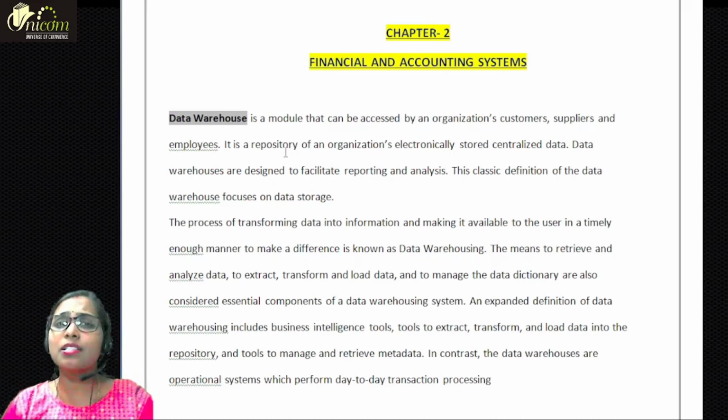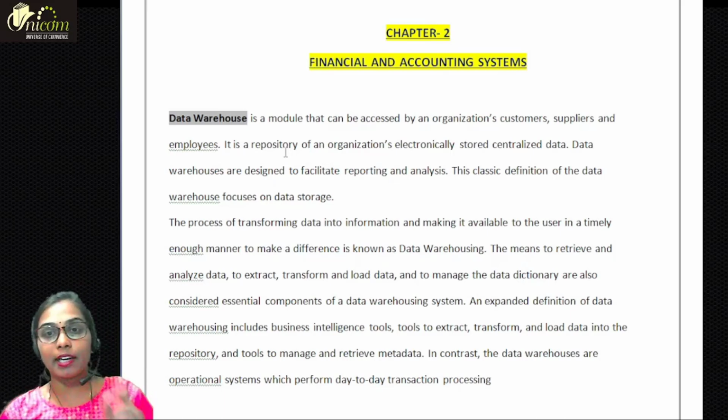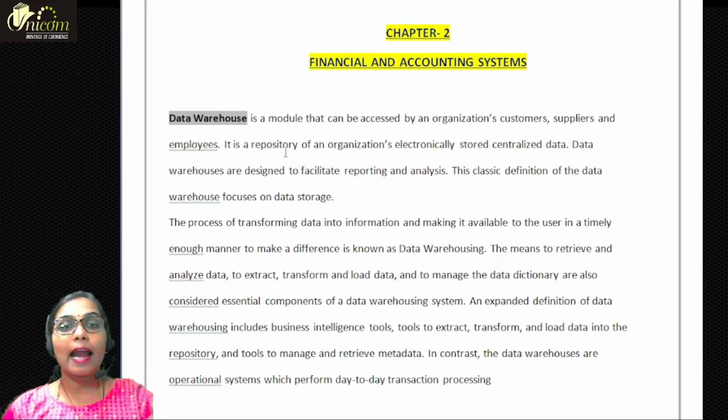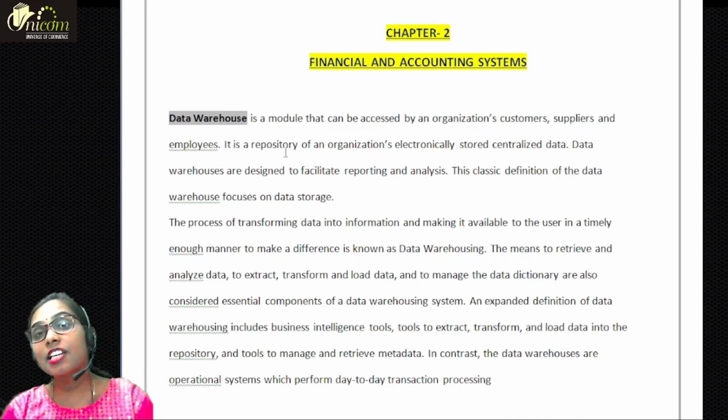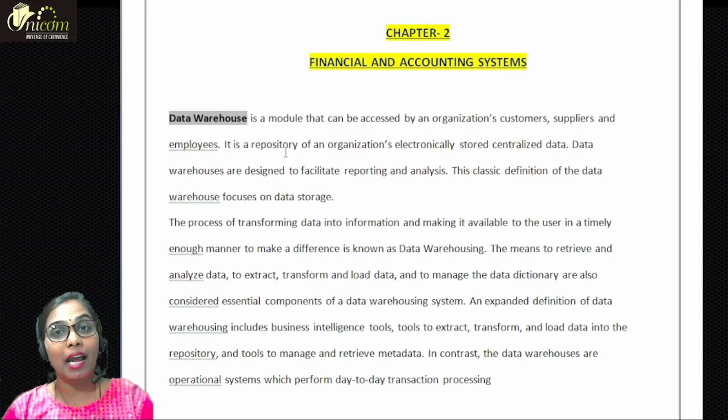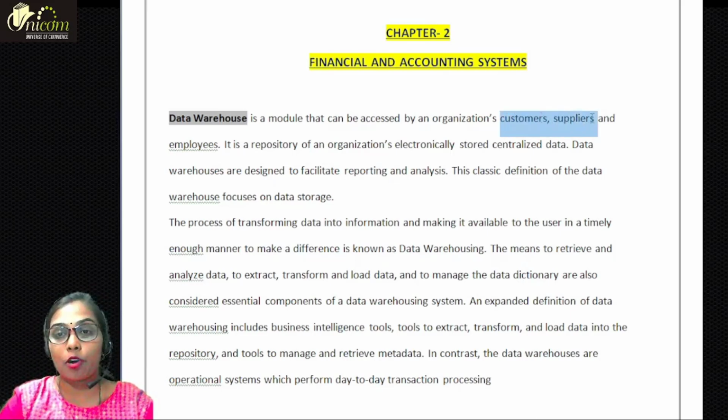What happens in this module? It is a small technique or a module, as in strategy management you have theory, in the same way in EIS. It is being used in different organizations, and it is being accessed by the organizations, customers, suppliers and the employees.